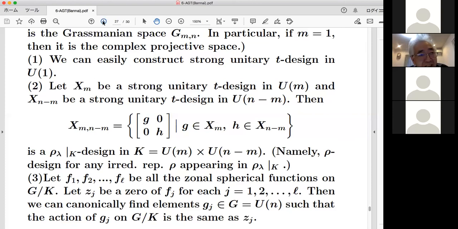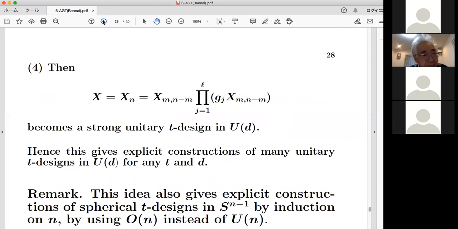And in this situation, we take a new subset X, maybe X sub n, as a product of finite sets. X sub n minus m is a finite set, and gj is one element of the unitary group of degree n. We take this finite subset and this finite subset, and take all products of these.